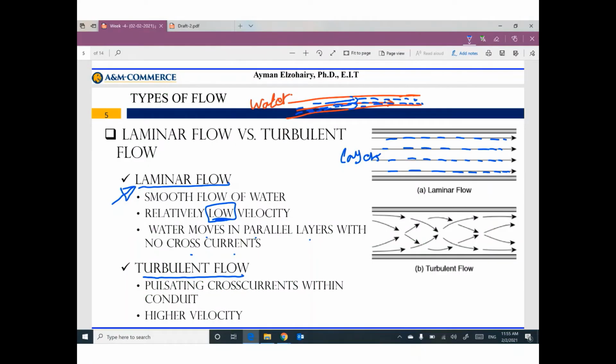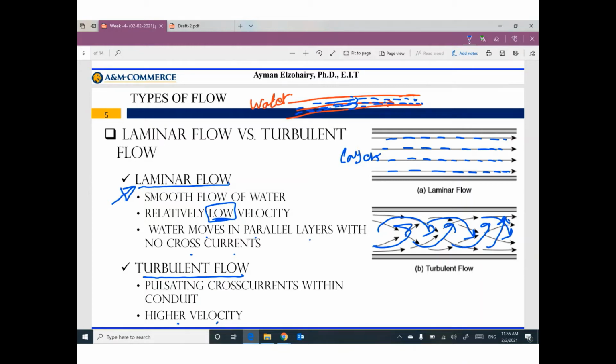We have another type of flow which is called turbulent flow. We have high velocity and we have turbulence like this. We don't have uniform or smooth flow.